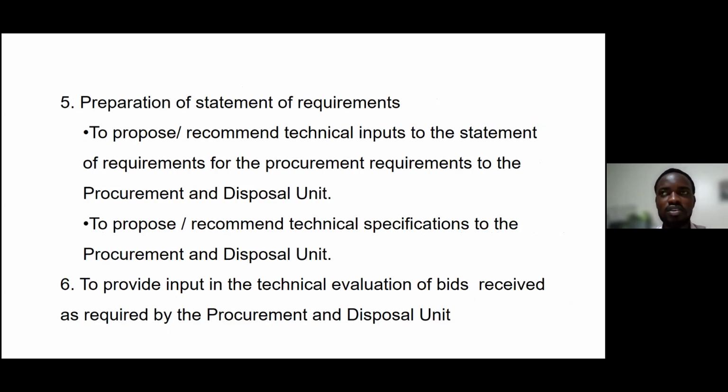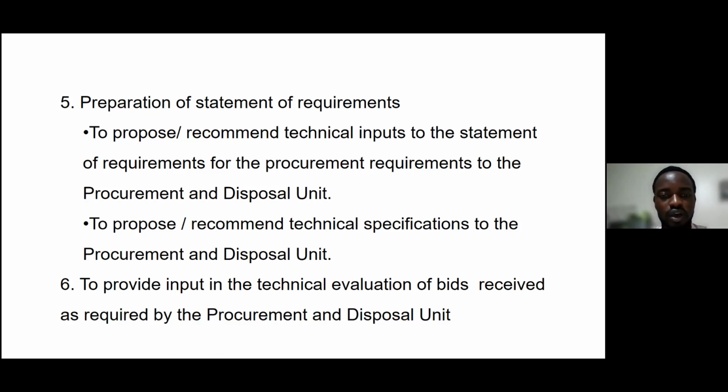In this, we are looking at details of specification, drawings, bills of quantities, and anything that provides an elaborate description of the items or services that are supposed to be procured.